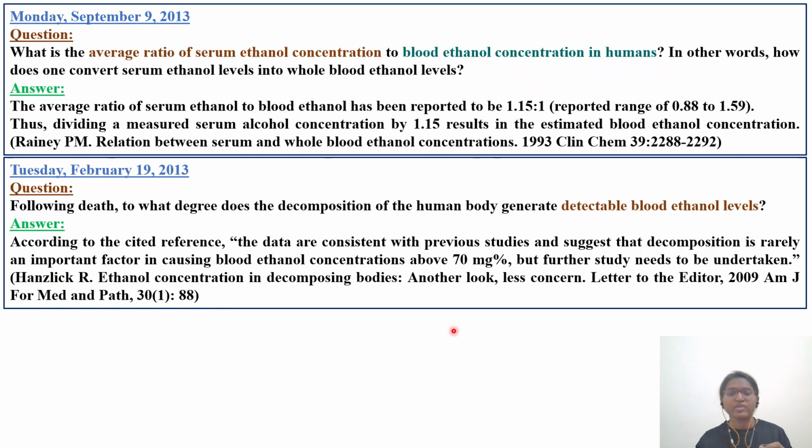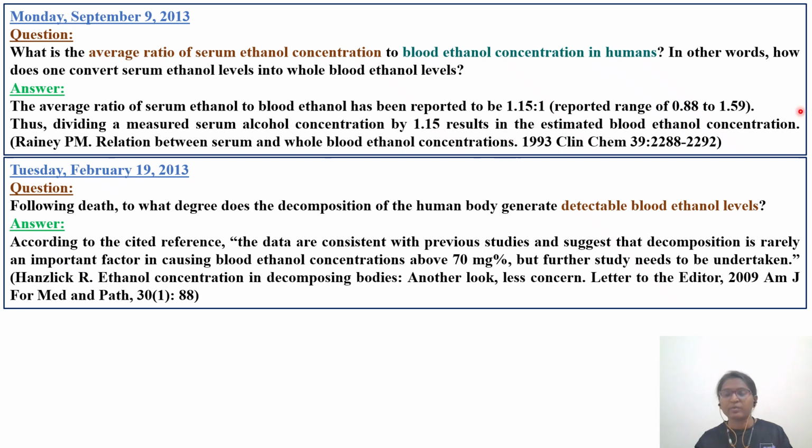Okay, so we have the next question. What is the average ratio of serum ethanol concentration to blood ethanol concentration in human beings? In other words, how does one convert serum ethanol level into whole blood ethanol level? The average ratio of serum ethanol to blood ethanol has been reported to be 1.15 to 1.